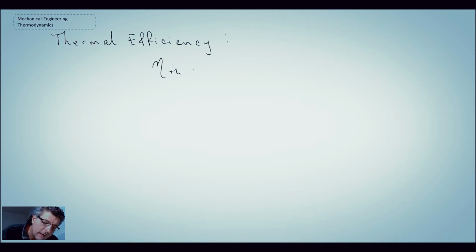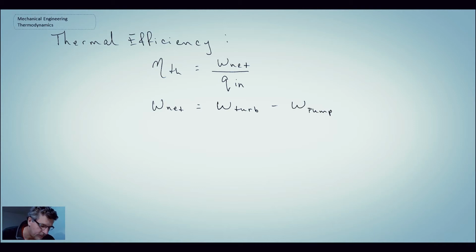And we can write that the thermal efficiency is the net work in divided by the heat in. And the net work is equal to the work out of the turbine minus the work that we put into the pump.